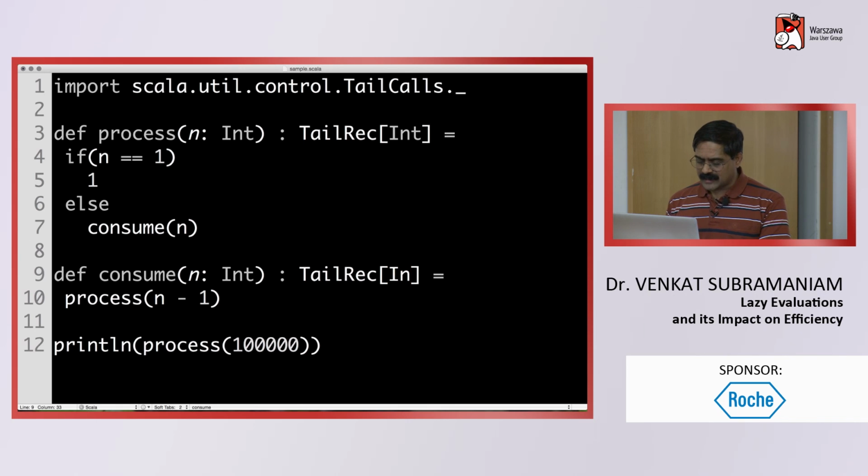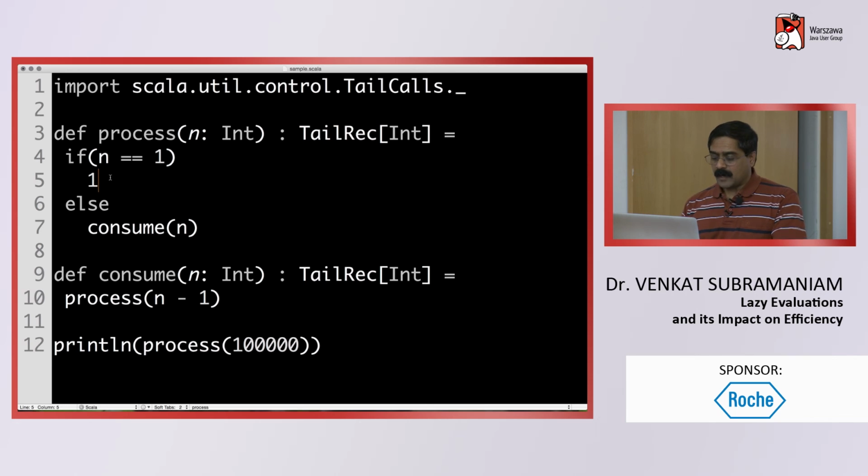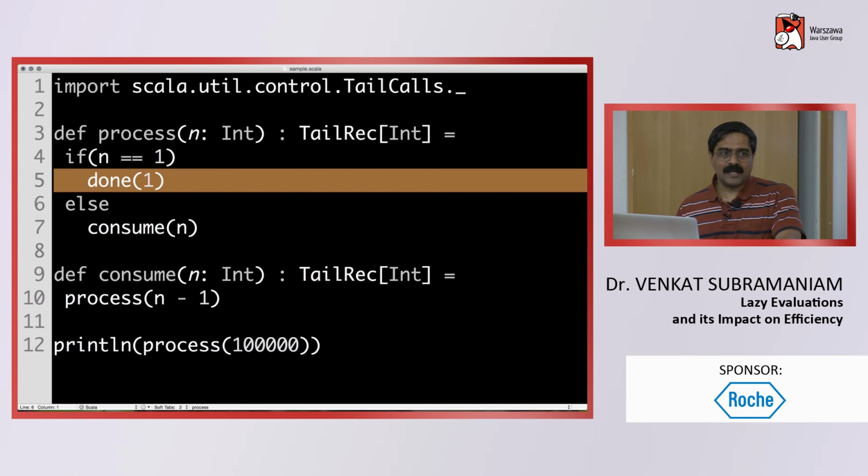Well, obviously this is an object, but this object is going to store a lambda rather than holding a result at this point. Well, I come in here. If the n is equal to 1, what am I going to do? I'm going to say done of 1. Meaning, I'm going to return to you a result wrapped into a little object, and you can query that and say, are you done? Oh yeah, thanks.